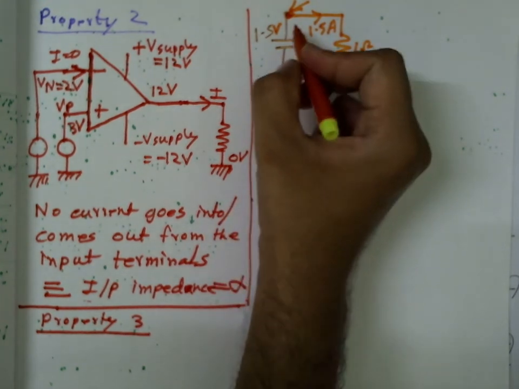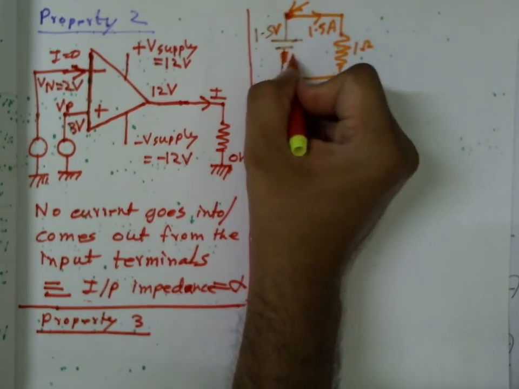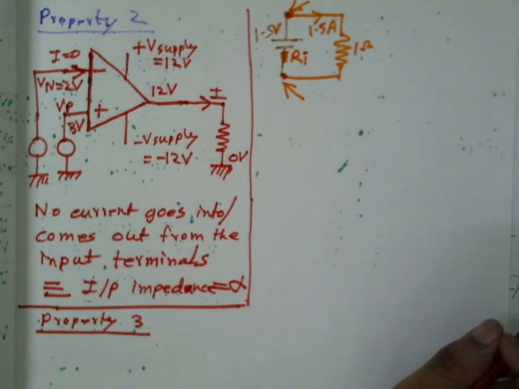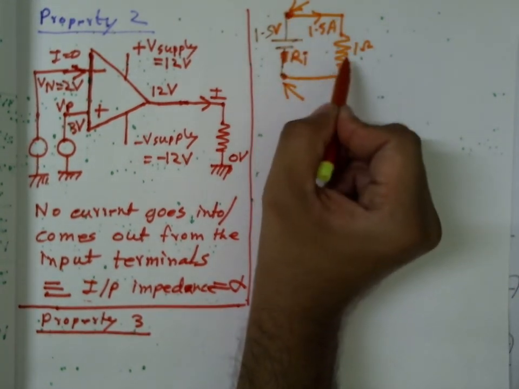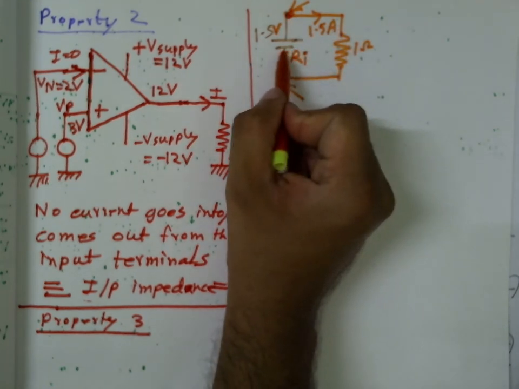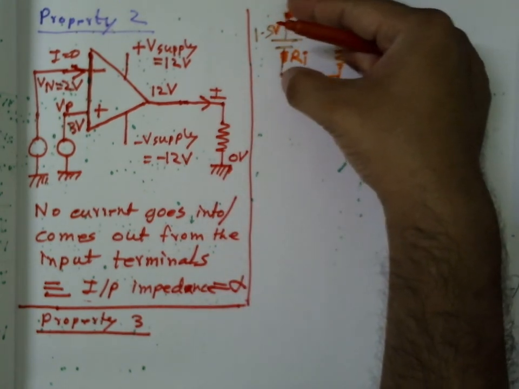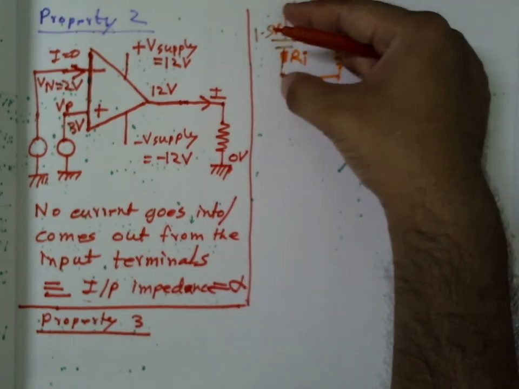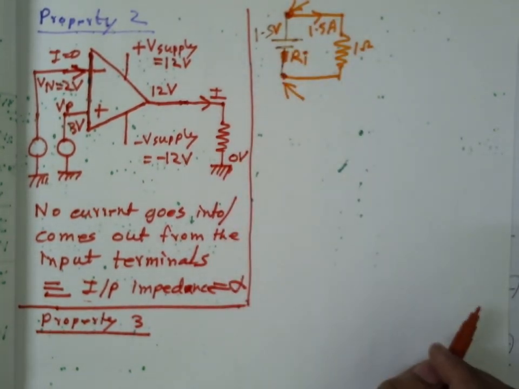That's because the cell has some internal resistance, which let me write as Ri. Therefore when some current flows through it, it causes some voltage drop, and therefore the voltage we measure here is lower than 1.5 volt when some current is flowing.